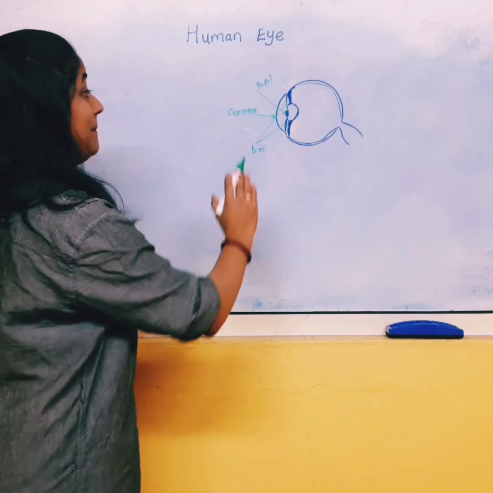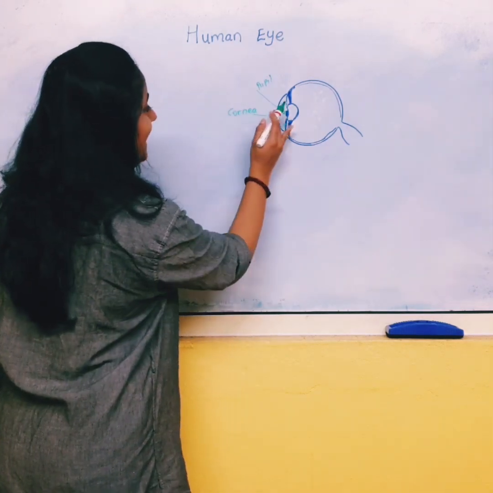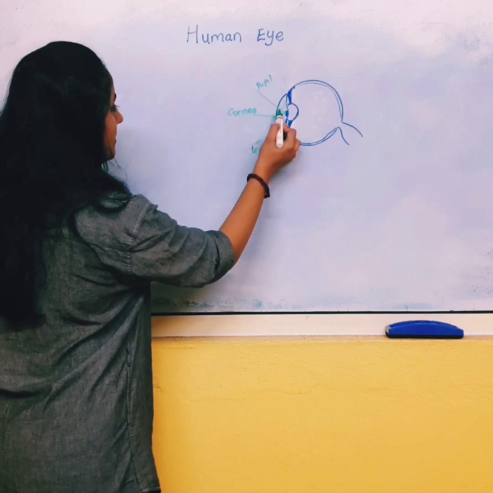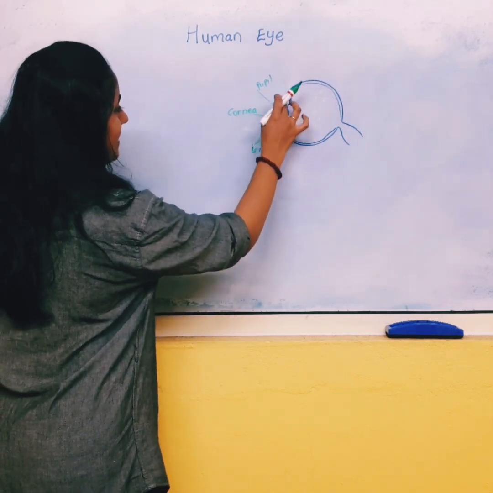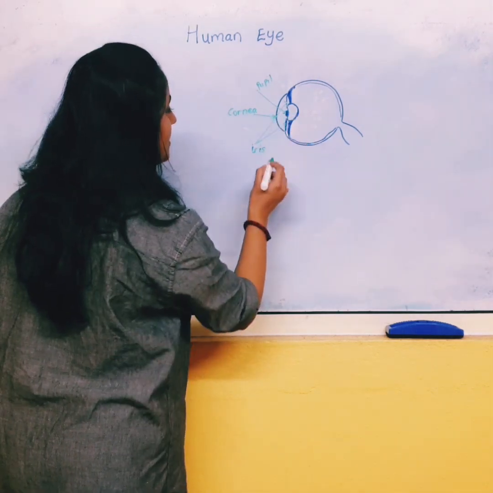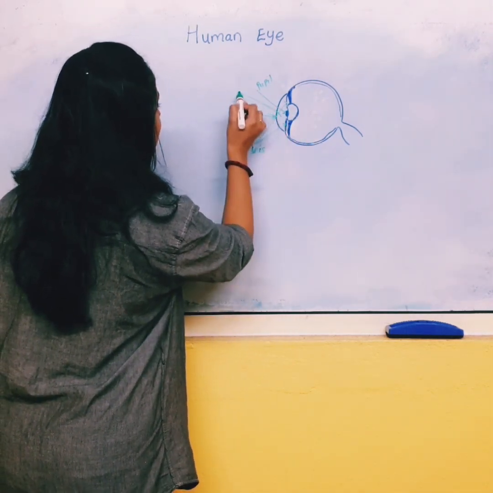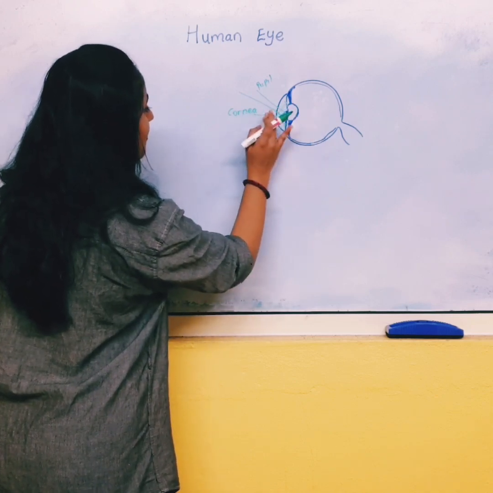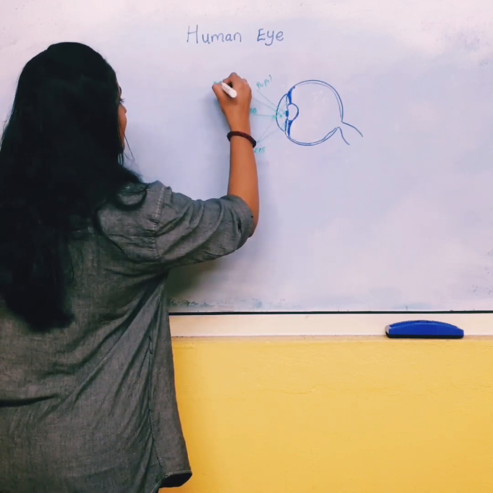Now one more thing: behind the cornea, this particular surface which is present here, this entire thing is known as aqueous humor. So I will write it here. This part which is behind the cornea but before the pupil is known as aqueous humor.